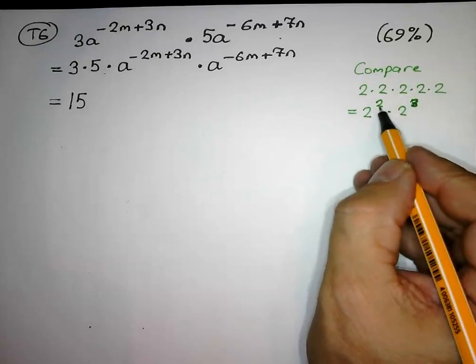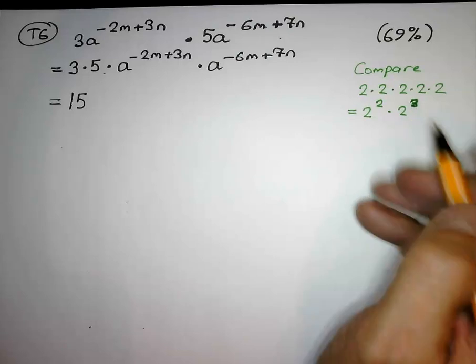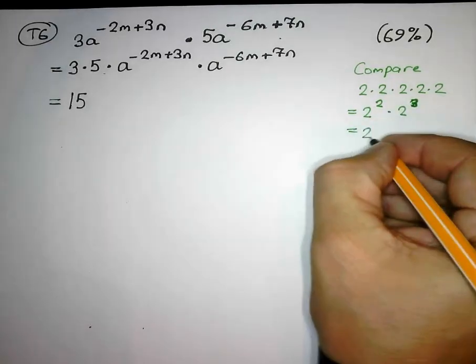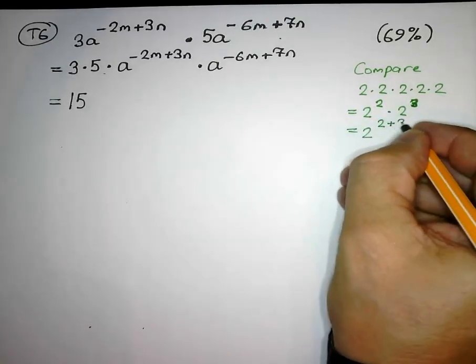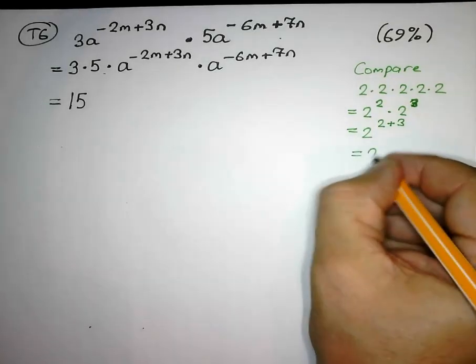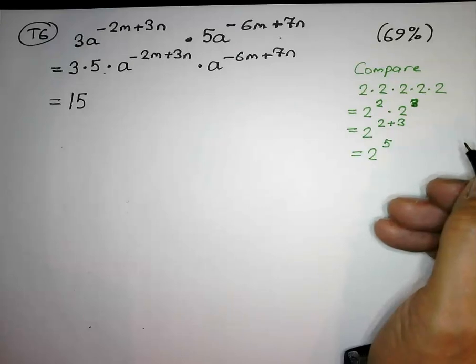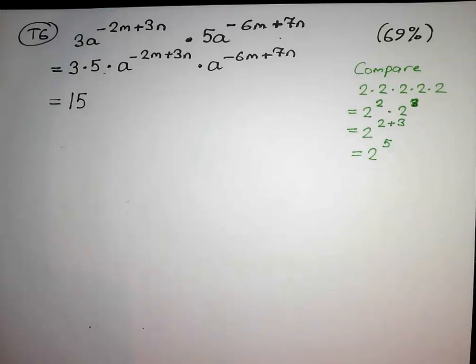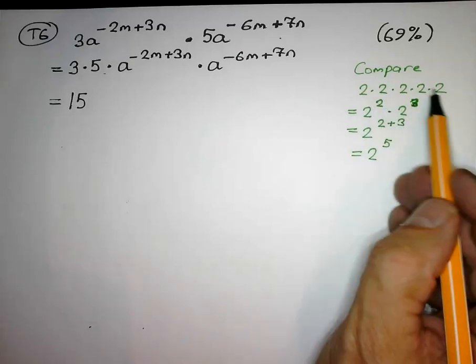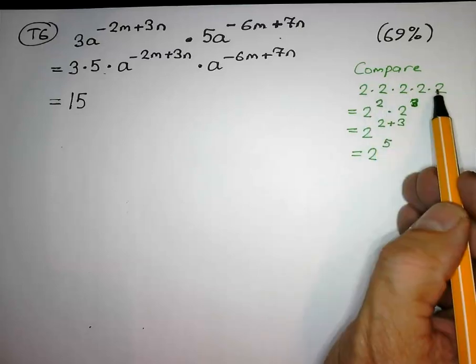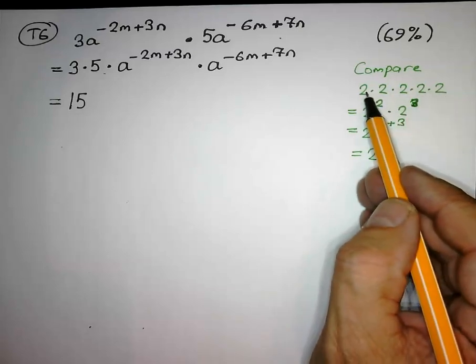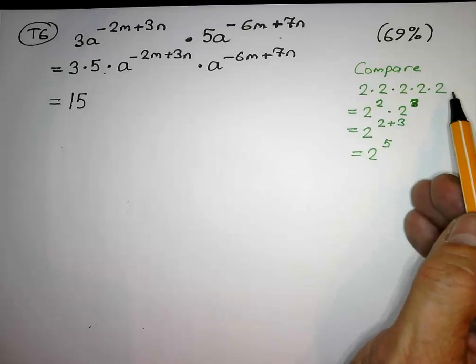And if you now watch those exponents, you may add them. So you have 2 to the power 5, and it is correct because there are five number 2's in this multiplication.